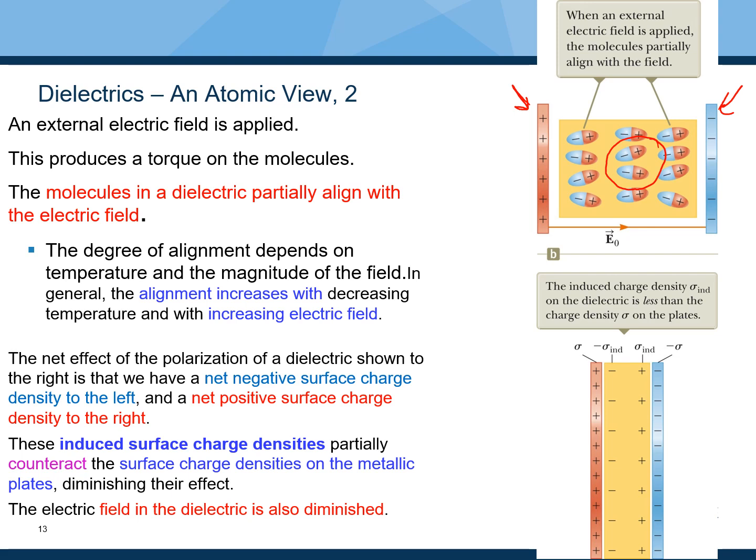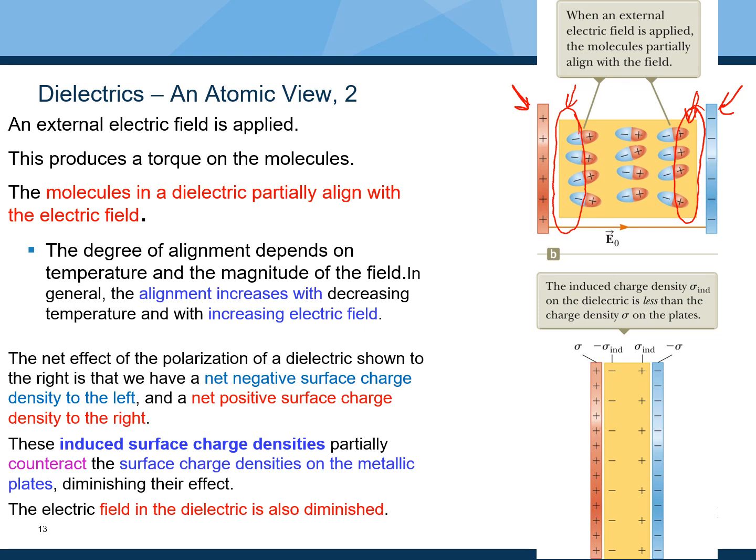However, you will see something else happening, which is that if you draw a rubber band out here, you will see that the molecules have lined themselves up in the direction of the electric field so that you have a layer of positive charge at the right boundary of this dielectric. And if you draw a similar rubber band out here, you will see a layer of negative charge at the left boundary of this dielectric.